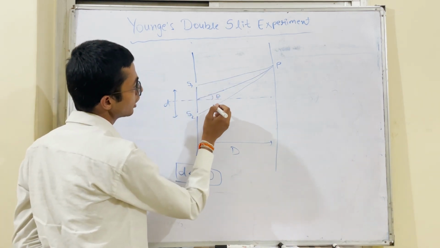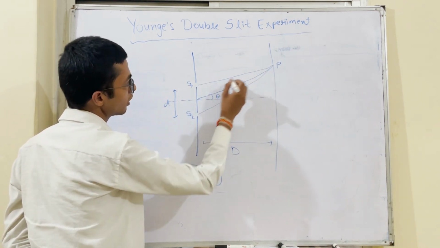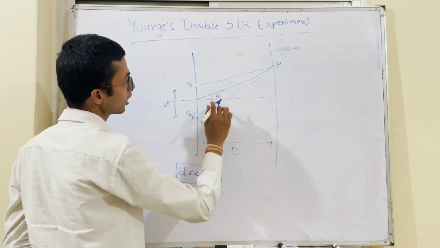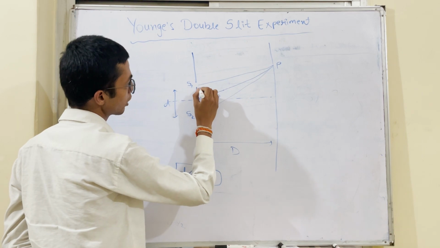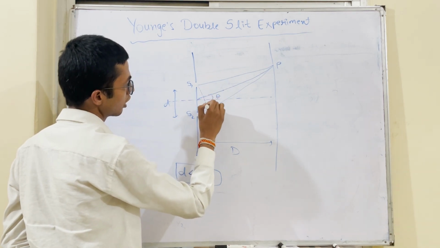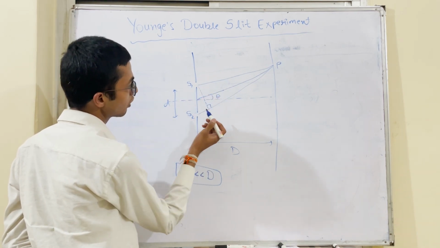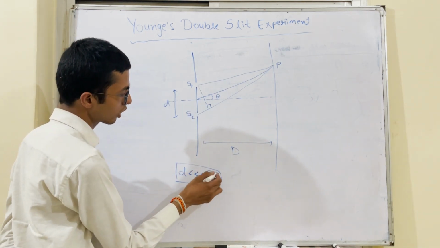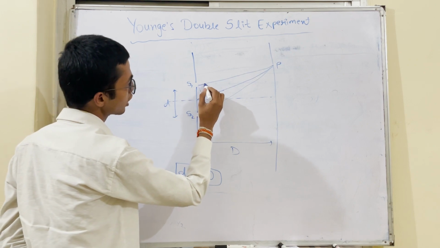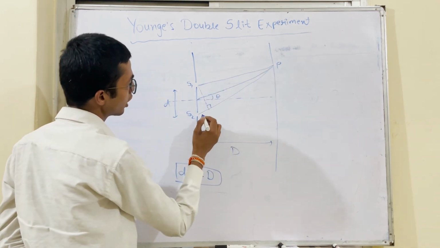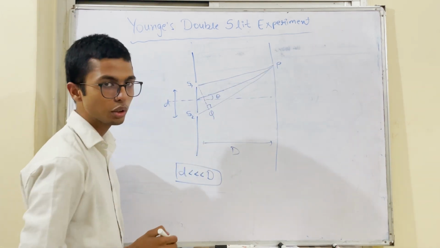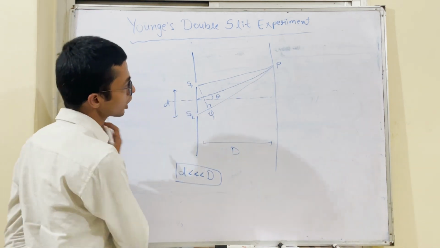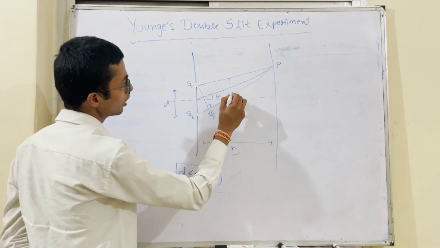So if I see the path difference between these two waves, this first one, this second one, if I draw a perpendicular to this, and if theta is very small, since d is very small compared to capital D, I can consider S1P as equal to, if I take the foot as Q, PQ. So I am taking these values as equal.